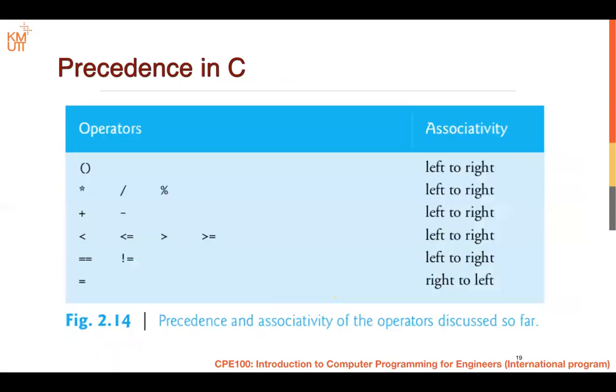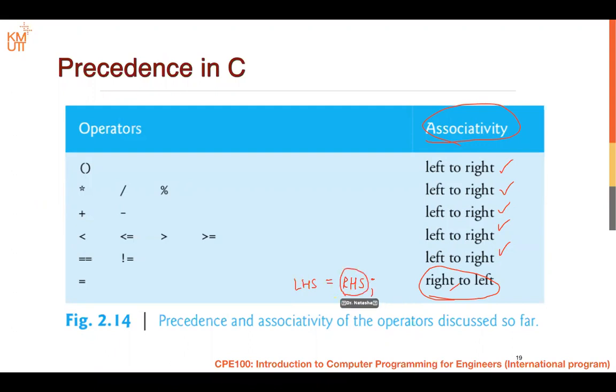Okay. And for the relational expressions, we also have the precedence, the order of priority, in C as well. Once again, the associativity for the arithmetic operations is left to right. But for assignment statements, we use right to left. Why right to left? Because we have the left-hand side equal to the right-hand side of the equal sign and then a semicolon, right?